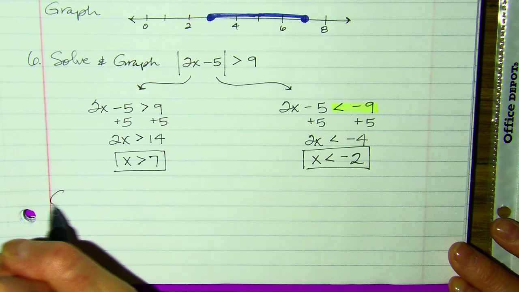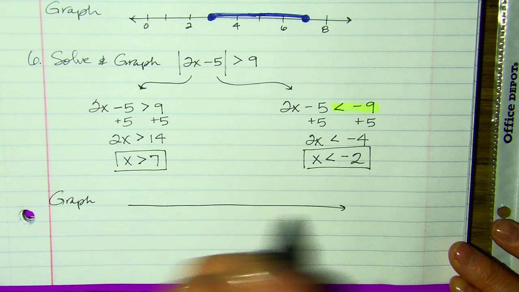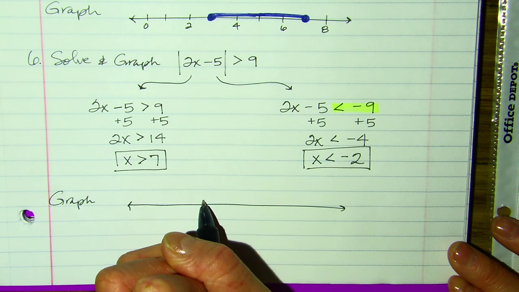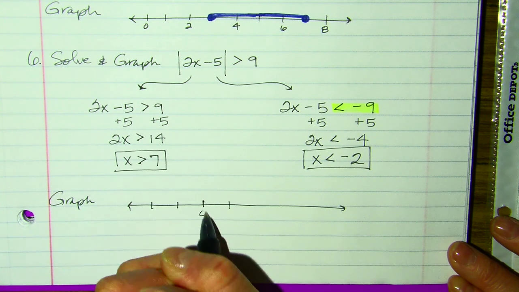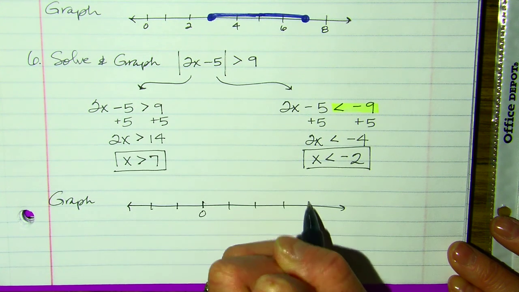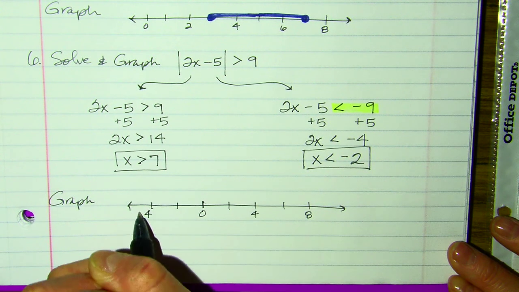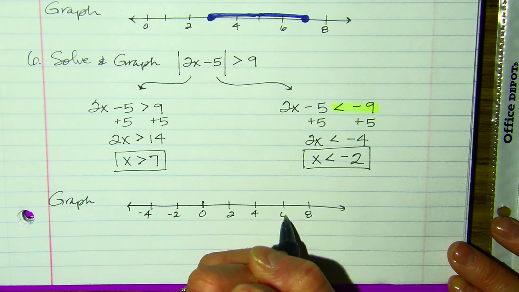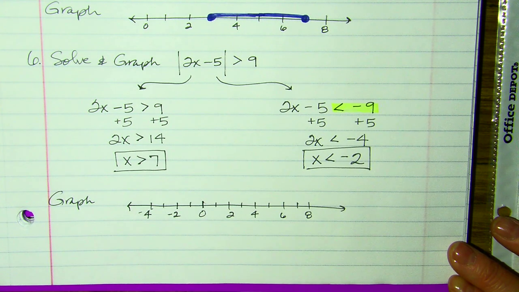So on a graph, again, this is just a number line. We don't have x and y. And so if I make this 0, 2, 4, 6, 8, label it however you want.